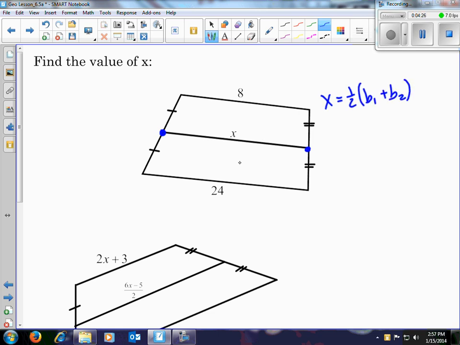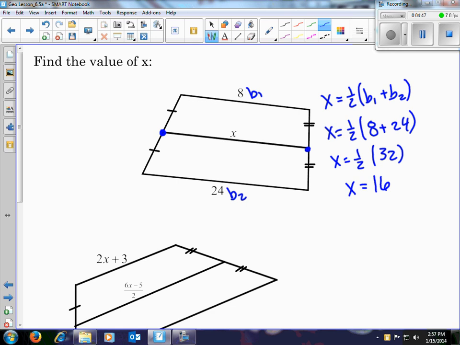Now, I can arbitrarily pick which one is base 1 and base 2. It does not matter. I'm just going to say that one's base 1 and base 2. So I have x equals 1/2 of 8 plus 24. So then I have 1/2, 8 plus 24 is 32. So x is going to equal 16.